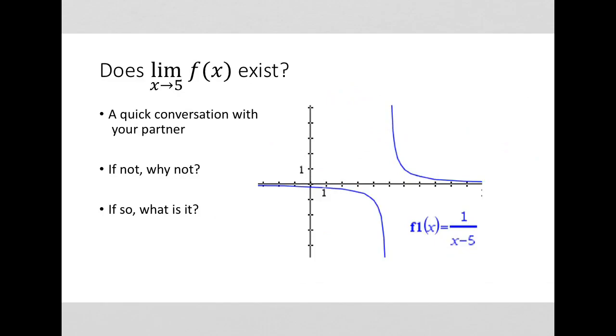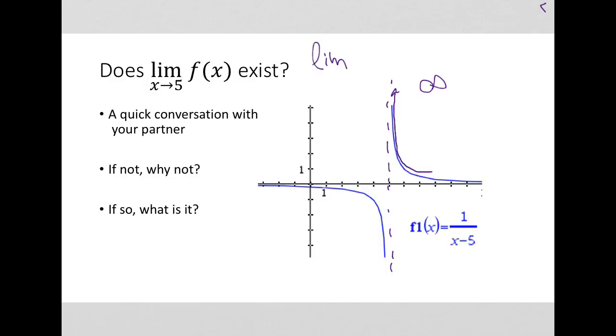Whew. So let's look at this function then. f of x equals 1 over x minus 5. It's our favorite rational function, shifted to the right 5. So let's think about whether or not this limit exists. Well, remember what we said. For a limit to exist, you have to be heading to the same value from the left and from the right. So notice I've got my asymptote here. If I follow this graph from the right to the left, I'm following up that tail, and I'm going up towards positive infinity.